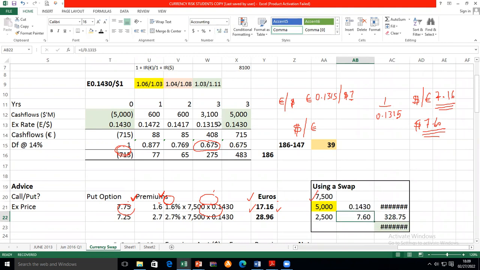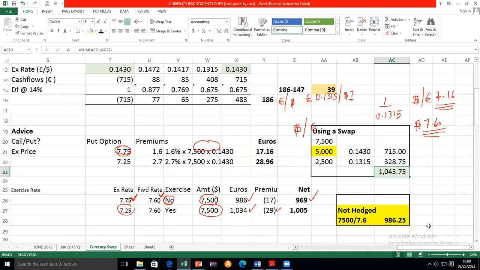And then this one, I know that it's in here, so I would use this one. That's okay. So you say this multiplied by that. So we are making 1043. That is how much you're getting in euros if you use an option.